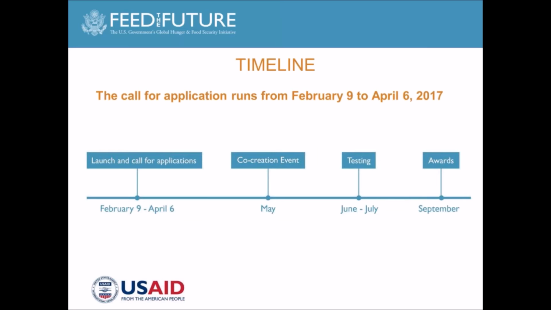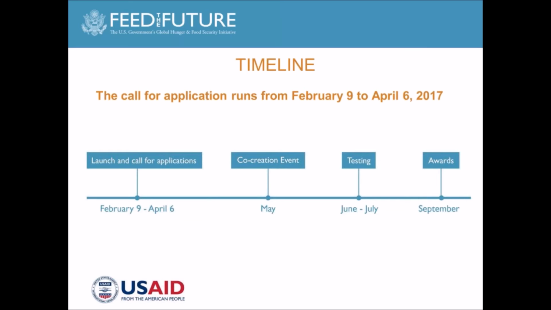During the month of April, we will be assessing the entrants, and at the end of the month, we will be announcing the 10 finalists. The 10 finalists will then be invited to a co-creation event in the last weekend of May, in Nepal, close to Kathmandu.